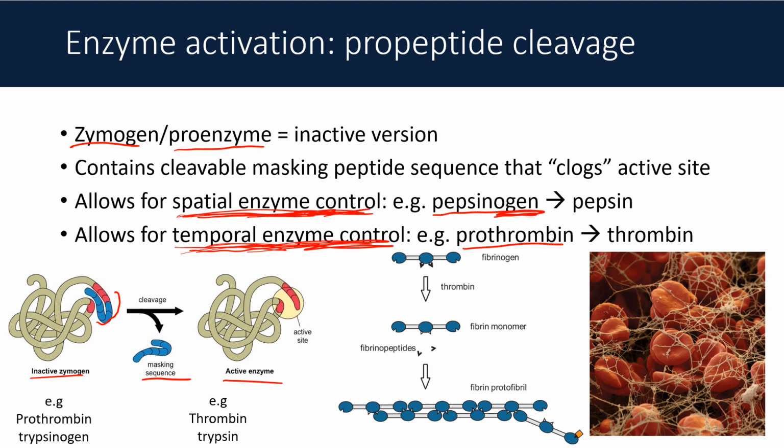Prothrombin is eventually responsible for initiating the clotting cascade in blood. It constantly circulates in our bloodstreams in the inactive form with its masking sequence on, its propeptide shoved down its own throat. When a blood vessel is damaged, an enzyme will cut off and activate thrombin.